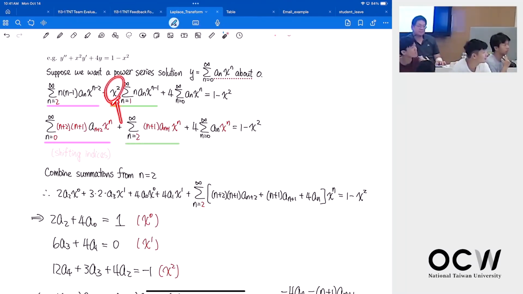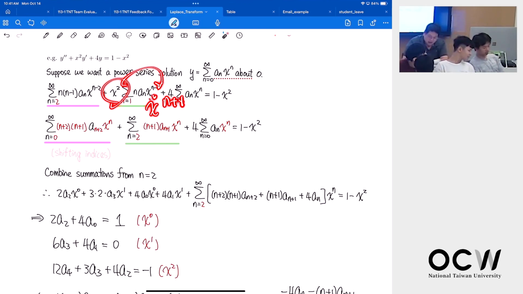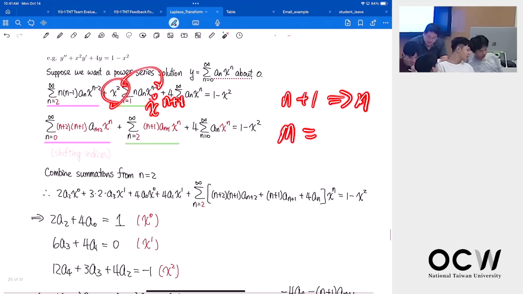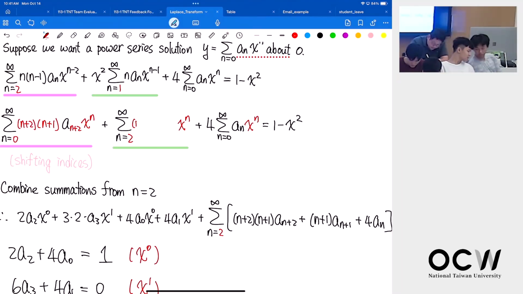Well, I have x squared here, right? So here is not correct, otherwise I just feel that it's weird. Okay, I have x squared. So here should be x to the m plus 1. m plus 1 becomes n. n should be 1 minus n. So here I should have m minus 1, a m minus 1.